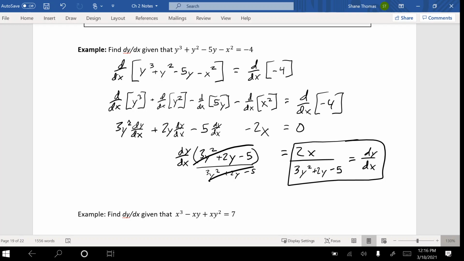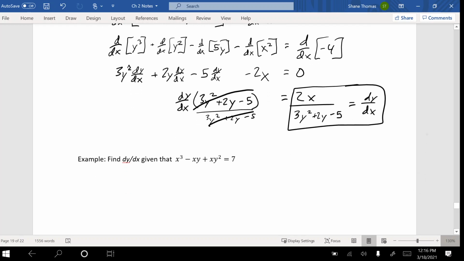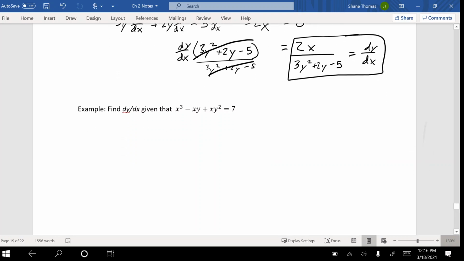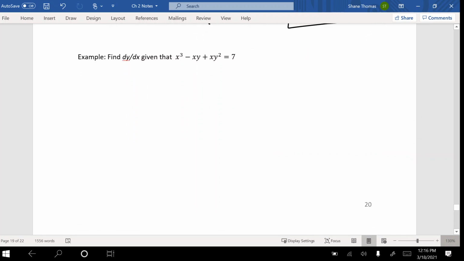All right. So I got another one right underneath this. I'm going to get you started on this next one, and then I'm going to give you a couple minutes to try it. So first thing we have to do is differentiate both sides, correct? So we're going to go dx of both sides.